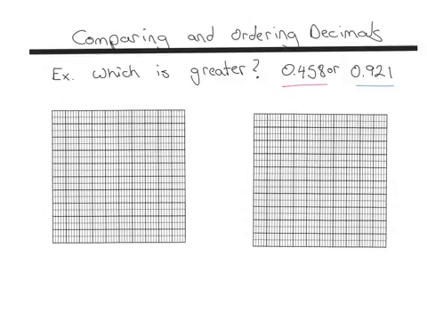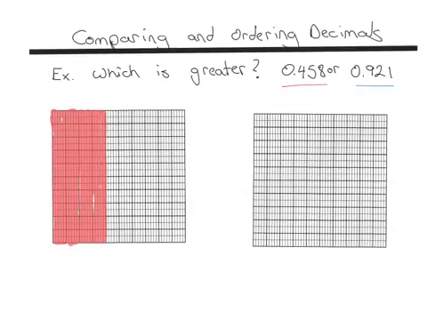The first thing we're going to do is deal with 458 thousandths, and I'm going to draw it in on my hundredths chart. Just a reminder, 4 tenths means 4 columns. So there's 1 column, 2 columns, 3 columns, okay, 4 columns done.